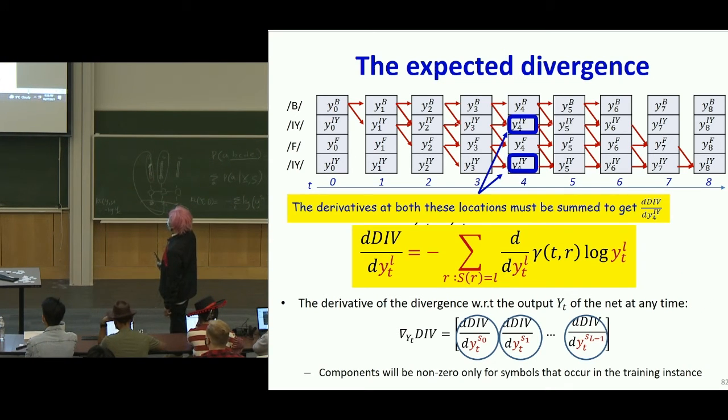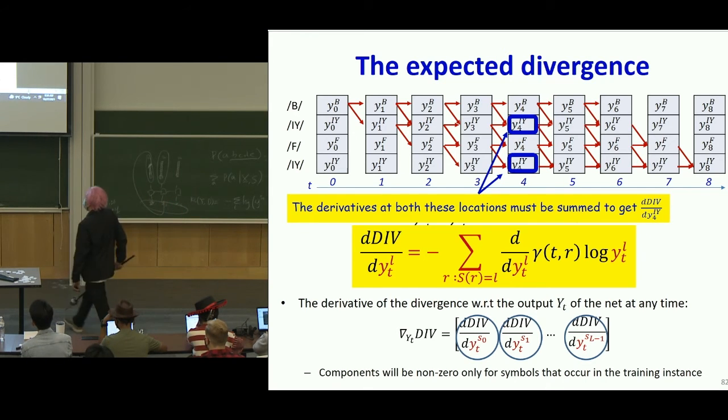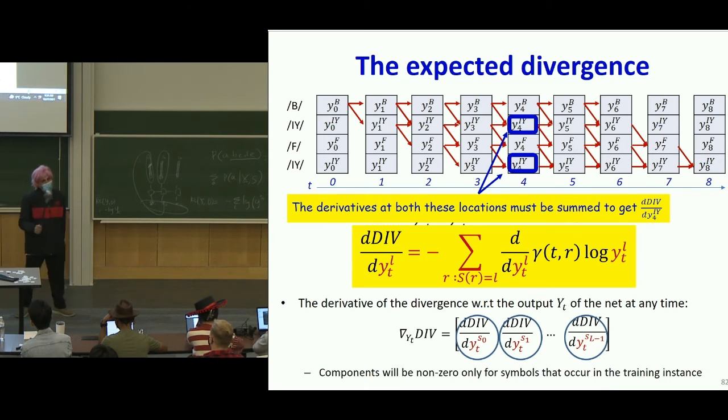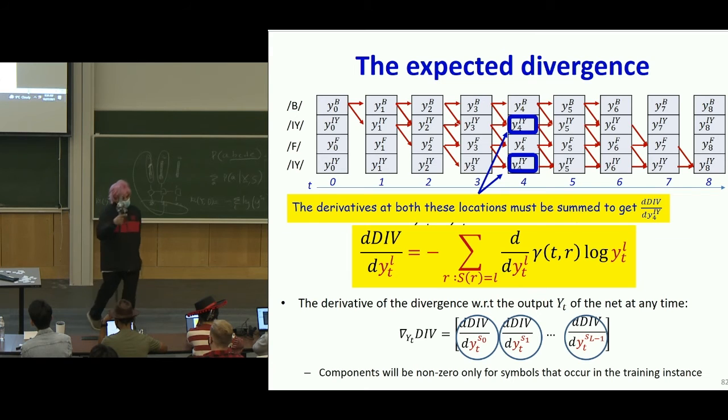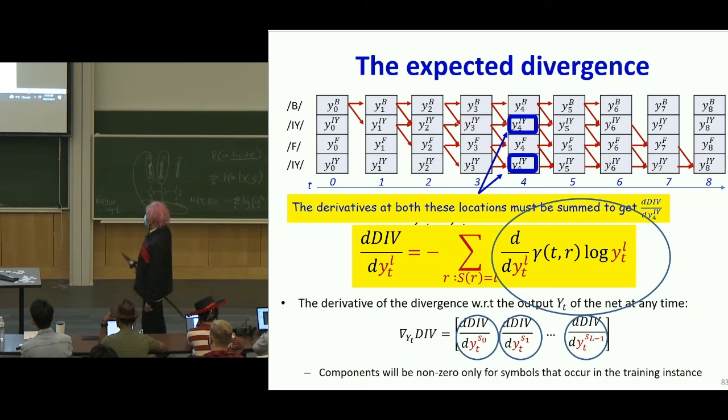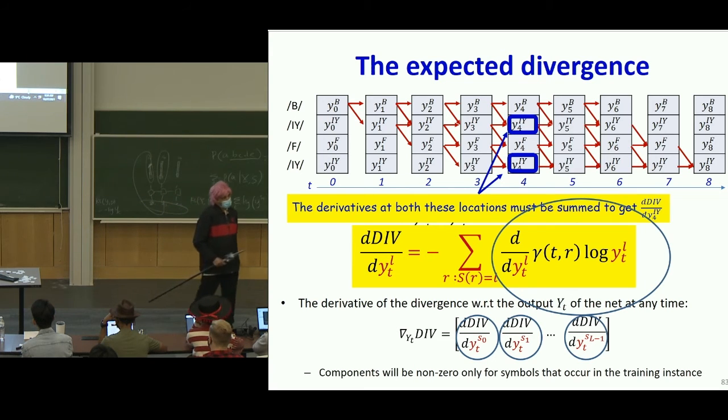And so in this case, for example, if I want the derivative with respect to E, I would have to sum this term, the derivative of the product of gamma and log y, over both nodes. So far so good. This term is the one that we really need to compute, the derivative of the product of gamma and log y.